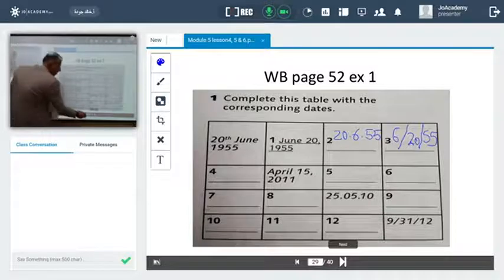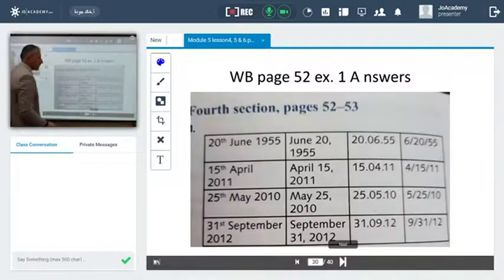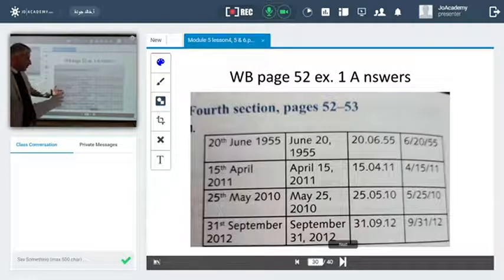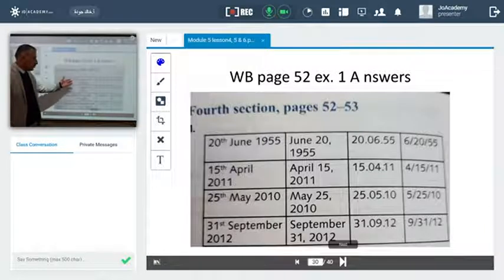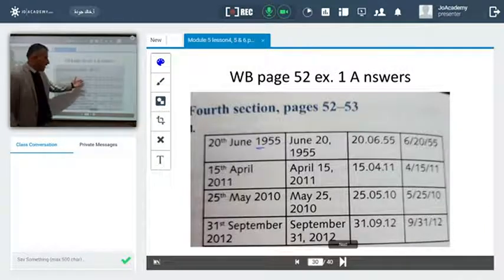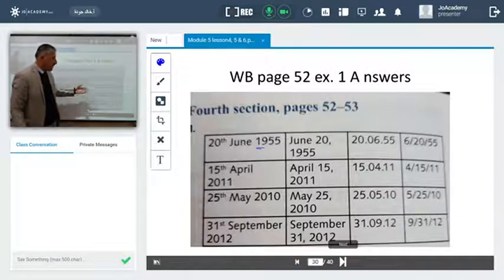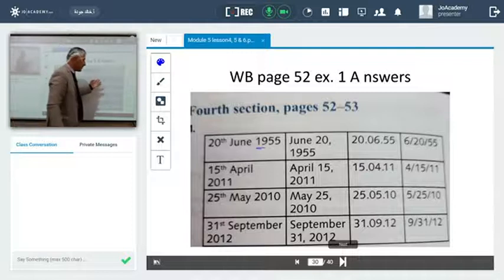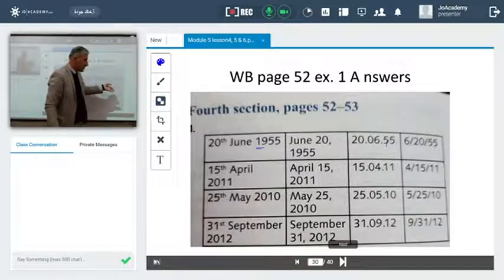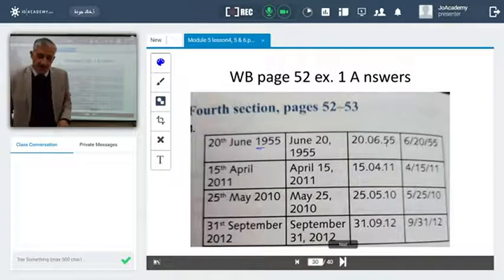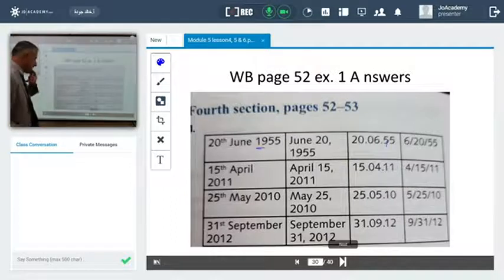So let's look at the table. As I told you, 20th June 1955. Then we have June. I start with the month, June 20, 1955. Then I use the dots. Also start with the date, 20 June 55, or I put slashes also. So there are different ways of writing the dates.